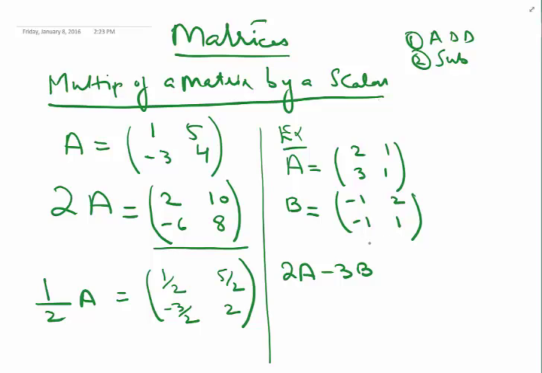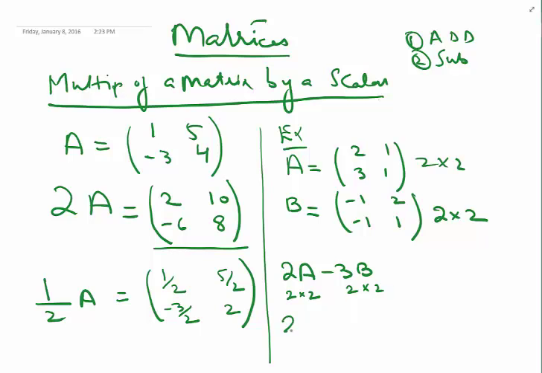So in this scenario, the order of A is 2 by 2, the order of B is 2 by 2, and since multiplication of a matrix by a constant doesn't affect the order, so we can say 2 times of A also carries the order of 2 by 2, and 3 times of B also carries the order of 2 by 2. So we can say we can execute 2 times of A minus 3 times of B equation.